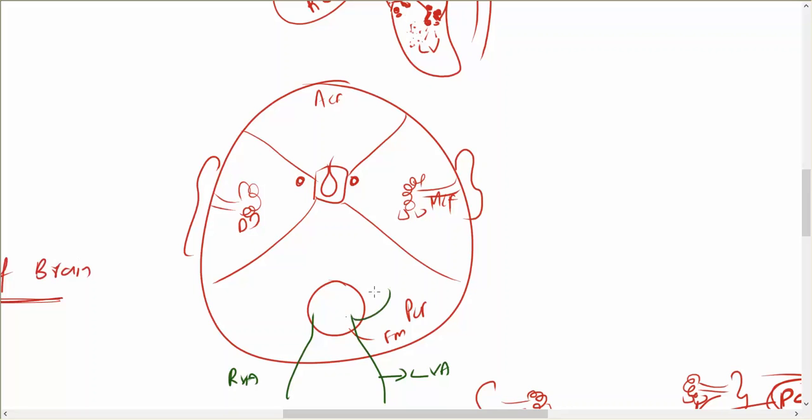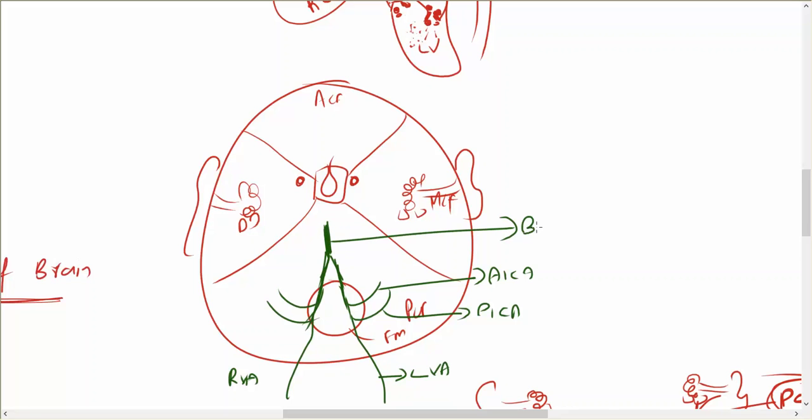The first branch is the posterior inferior cerebellar artery. The next branch is the anterior inferior cerebellar artery. Then they meet at the pontomedullary junction and form the basilar artery.